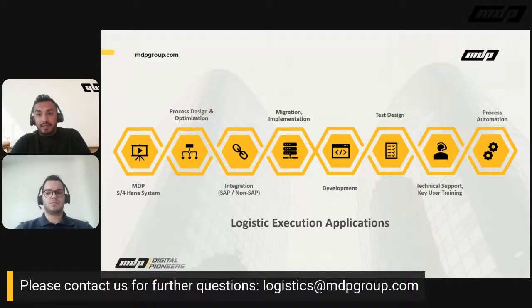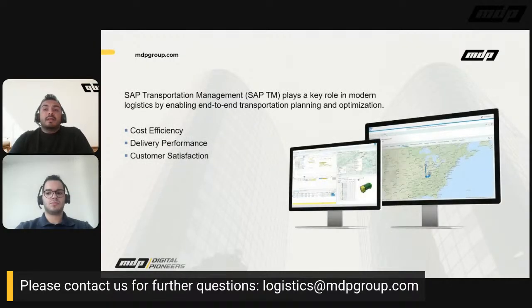And let's talk about what TM offers in modern logistics for end-to-end transportation planning and optimization. As you know, manual, rule-based and automated planning combines with dynamic replanning functions and helps balance your freight costs and service levels.